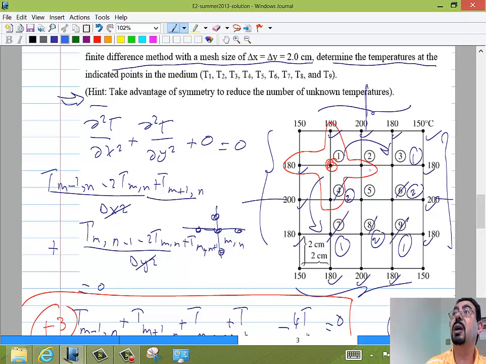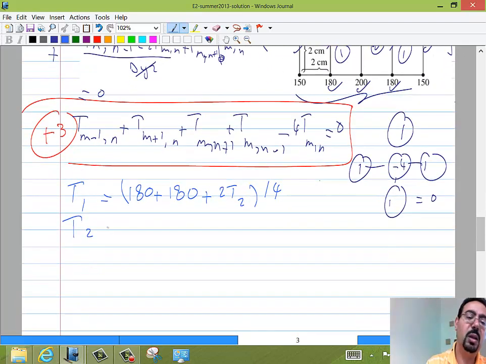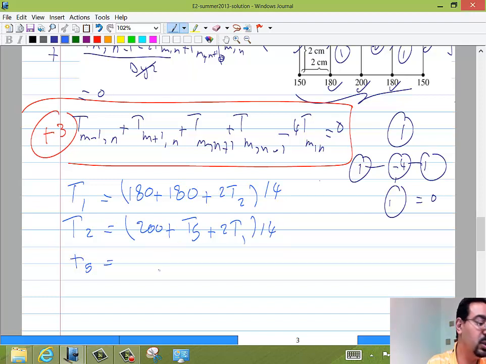Because there's T2 to the right, and there's also T2 at the bottom. Right? And T2 becomes 200 plus T5 plus T1 over 4, and T5 will end up being surrounded, like what JC said, 4 T2 over 4. So it just becomes T2.